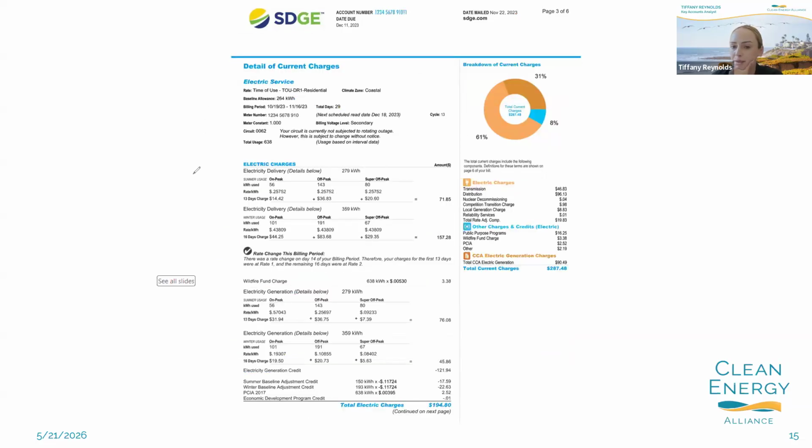This is kind of where maybe you go a bit cross-eyed because it's a lot of numbers, it's a lot of information. On this page, this is mostly the transmission and delivery side of your bill. We just want to highlight here what we call the electricity generation credit. You'll find this on your bill if you are a CEA customer.